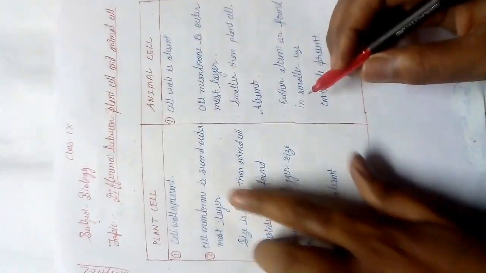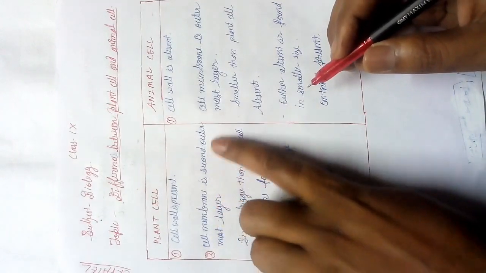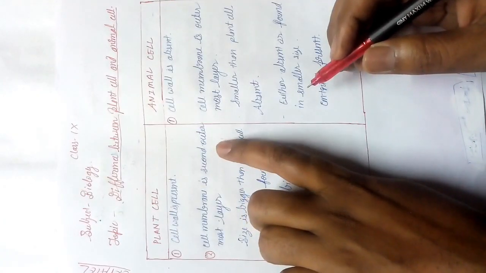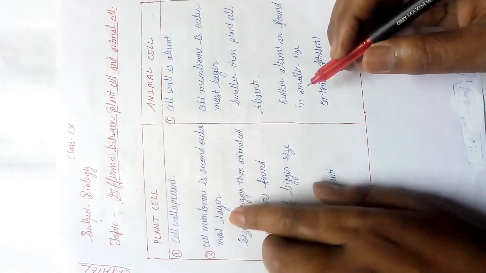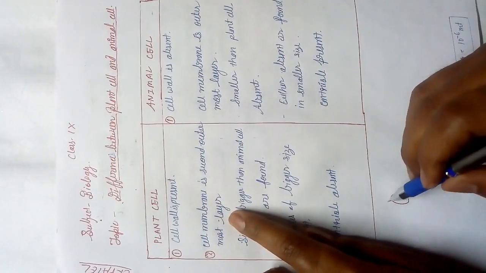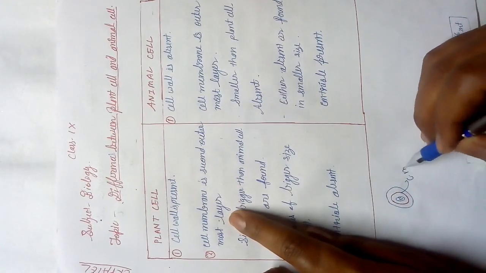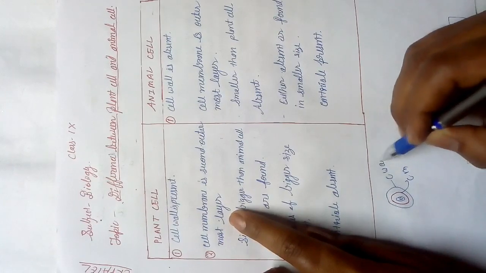Next difference: cell membrane is the second outermost layer in the case of plant cells. For example, this is the cell membrane, this is the cell wall.